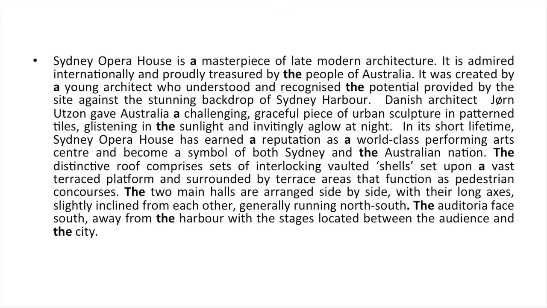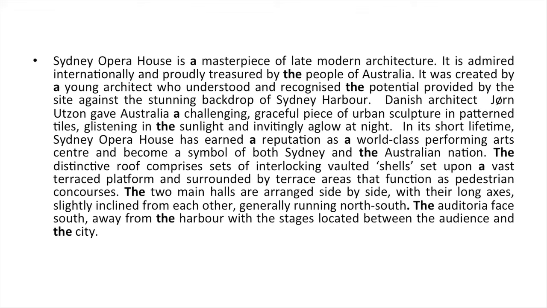Please look at the slide. In its short lifetime, Sydney Opera House has earned a reputation as a world-class performing arts centre and become a symbol of both Sydney and the Australian nation. It cannot be an Australian nation.